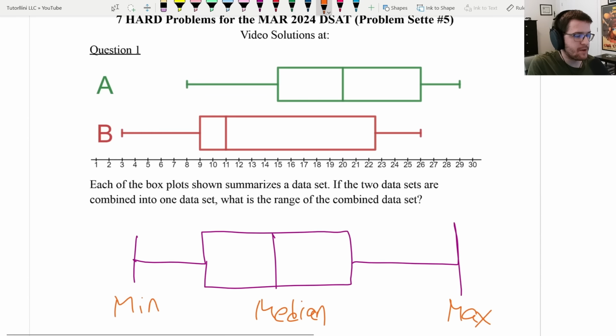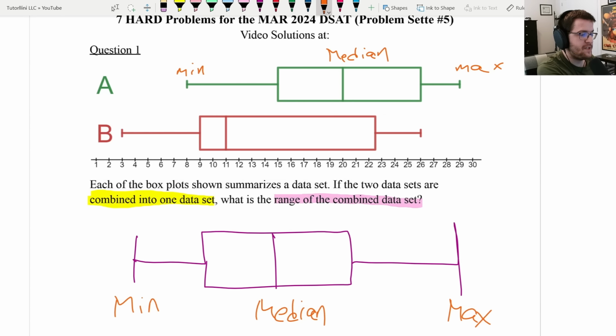This question says we're going to combine these two data sets into one data set. And we want to know the range of the combined data set. So we don't actually know a lot about what each percentile for the combined data set is going to be, but we can look and see quickly that for the green, data set A, this is the min, this is the max, and this is the median.